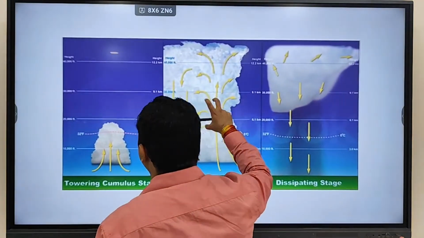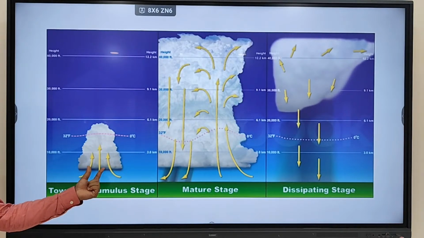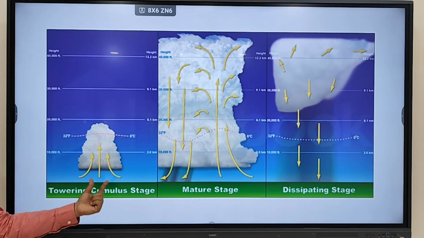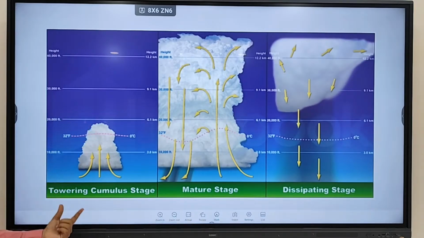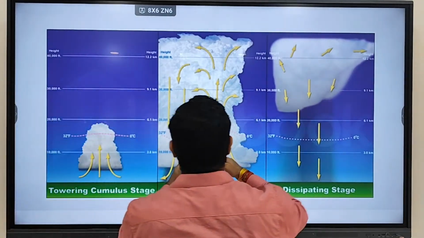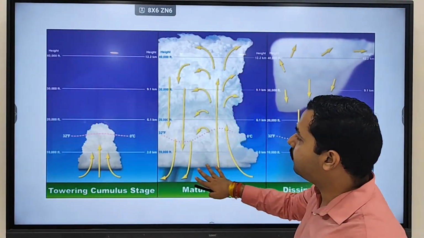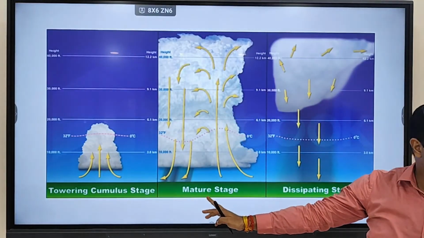So these are the three stages. You see the cumulus stage, where the convectional current starts to form. When convectional air starts to rise up, this is called the cumulus stage. When many convectional currents merge together, they form a much bigger convectional area. Then it is called the mature stage.